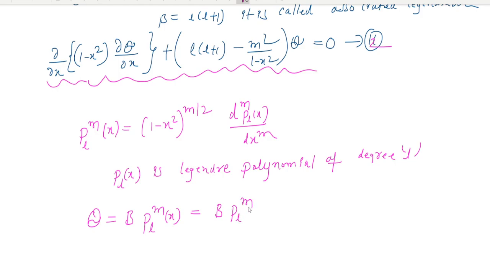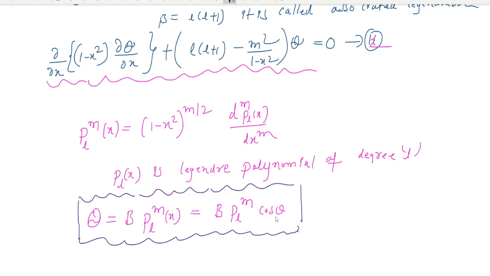We are considering x equal to cos theta. That's why we introduced the new variable in the solution, x is equal to cos theta. Okay, now we got all the solutions.